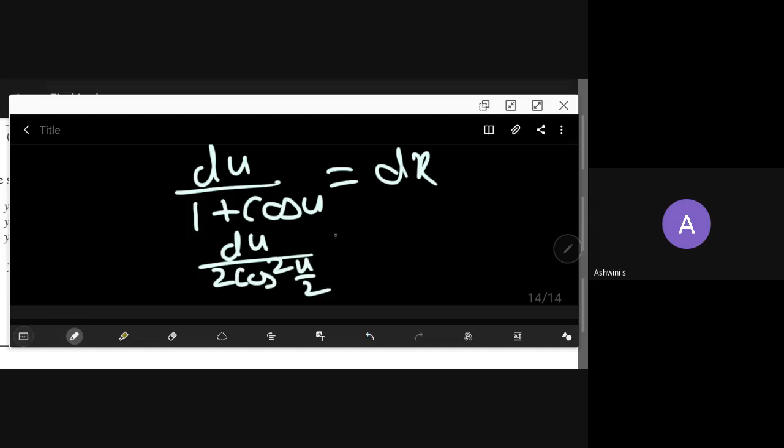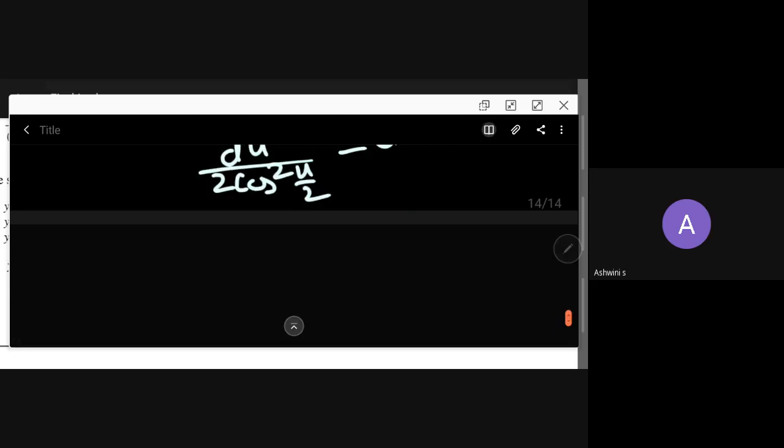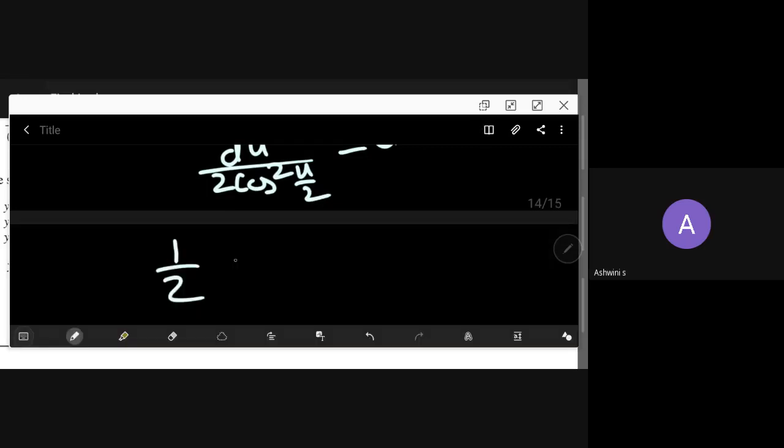Now you can write 1 by cos as secant, sorry. So we have 1 by 2 secant square u by 2 du equal to dx, and integrate this.